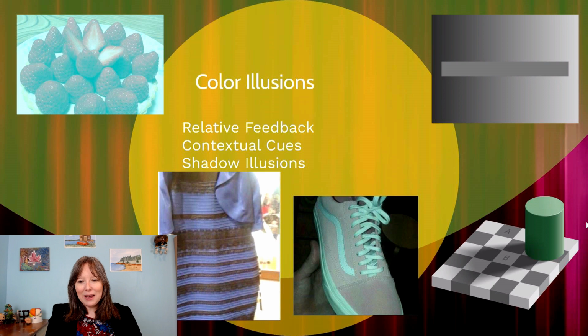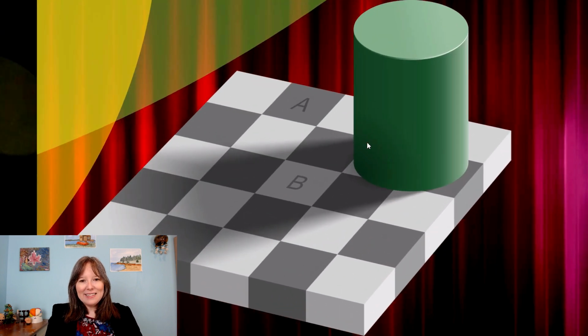Another one that you may have difficulty overriding is that the square that hosts the A and the square that hosts the B are the same color. You might start screaming at me and say, no, it's not. But it actually is the same color. The difference here is that this square has the shadow, and the light side is facing A and the dark side is facing B, to create the illusion that B is a lighter color, but it's in the shadow.